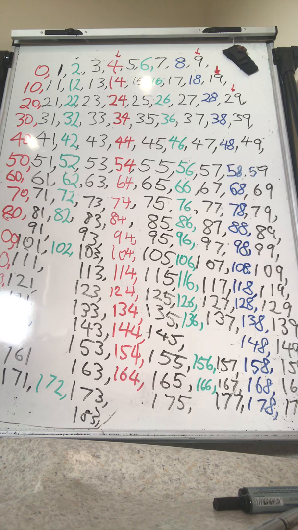What's 6 times 5? There's 6 fives. Is it 25? No... 40? 30, yeah.